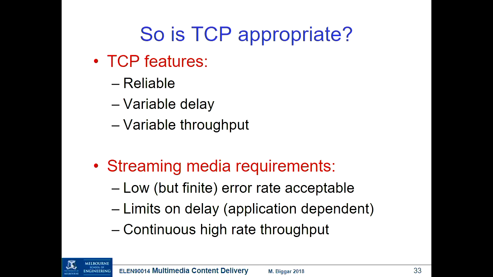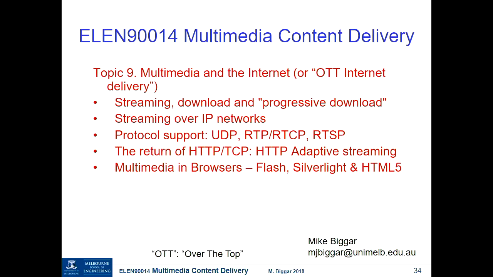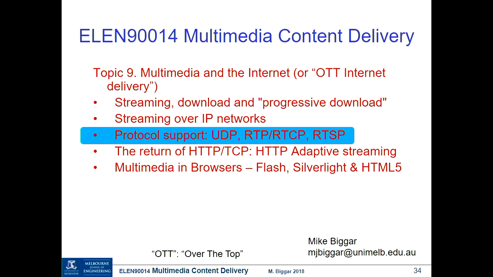So it's a result of that kind of mismatch between what TCP offers and what media demands that led to the development of a set of protocols specifically for media.